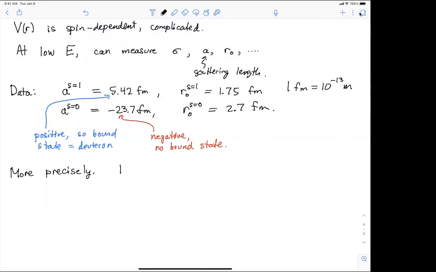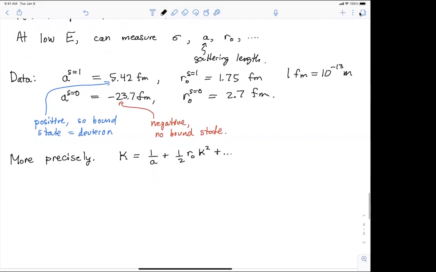In this case that amounts to kappa equals 1 over a plus 1/2 r0 kappa squared. And if we were to do this really carefully, we would want to include the higher order terms, and professional nuclear physics people will go ahead and do that.